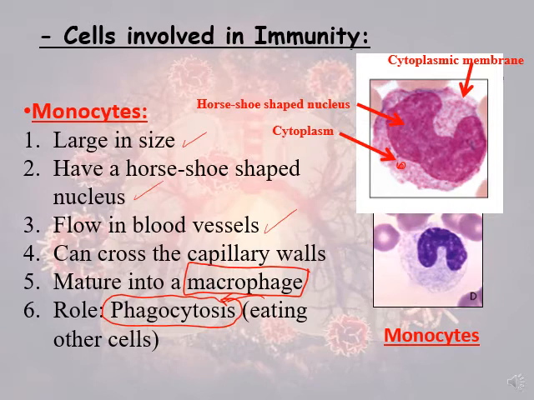They can cross the capillary walls, moving from one organ to another where there is an infection. They will mature into a macrophage. What is the meaning of a macrophage? Macrophage has a role of phagocytosis, meaning eating other cells. Okay?